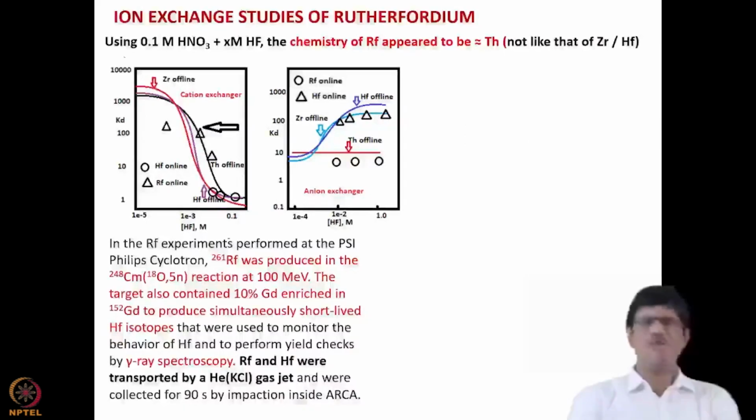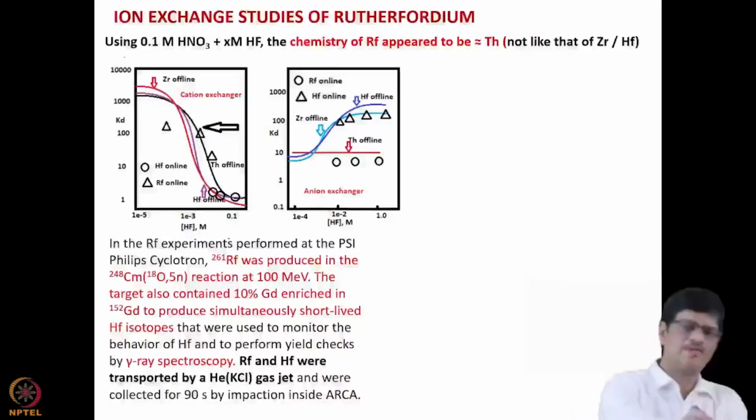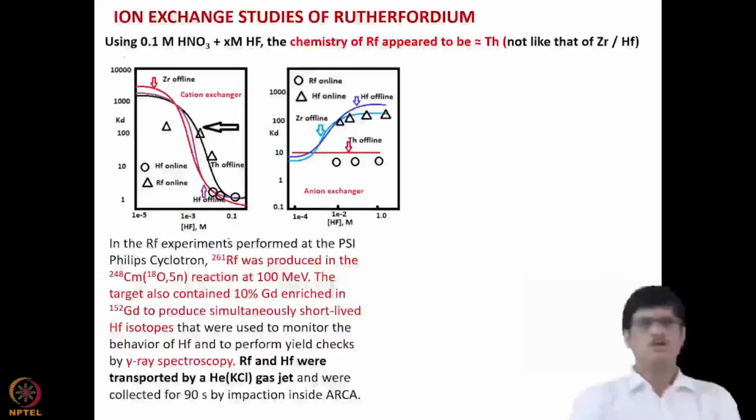This experiment was repeated using an anion exchange regime. The experimental condition is the same, but you have a reverse pattern compared to the cation exchange regime. In the cation exchange case, the Kd value was initially low at low concentration of HF, where fluoride complexation was not there. In those cases you have cationic species, and they are taken up onto the columns.